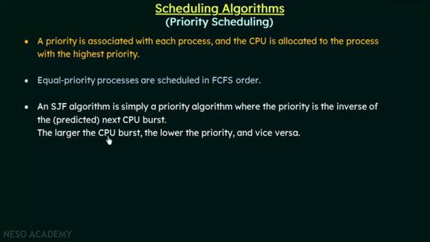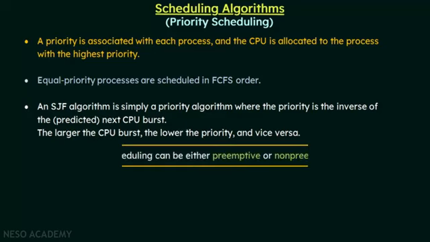The larger the CPU burst, the lower the priority; the smaller the CPU burst, the higher the priority. That is what we mean here, and so the SJF algorithm is simply a priority algorithm with this factor.